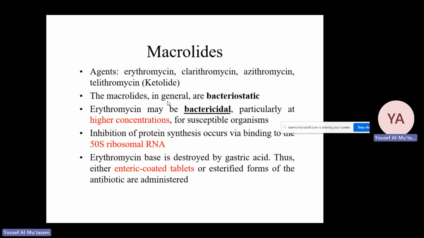Besides the ones mentioned for the tetracycline, like chlamydia, mycoplasma, spirochetes, they also have activity against Legionella and Listeria, in addition to a large number of gram-positive and gram-negative bacteria.